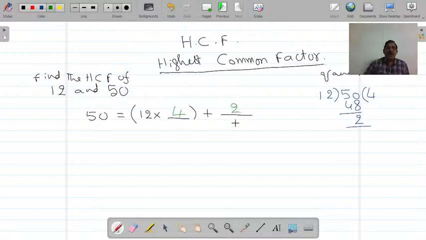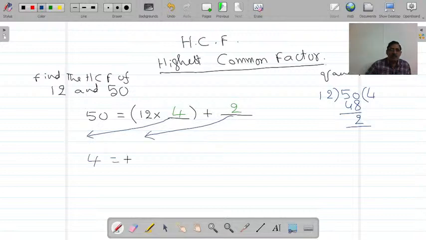Now we have to continue it further. How do we continue? Until we get the remainder 0. This time we take this 12 as the dividend and this 2 is to be taken as the divisor. 12 equals 2 into dash plus dash. Again we are applying our division algorithm for these two numbers.